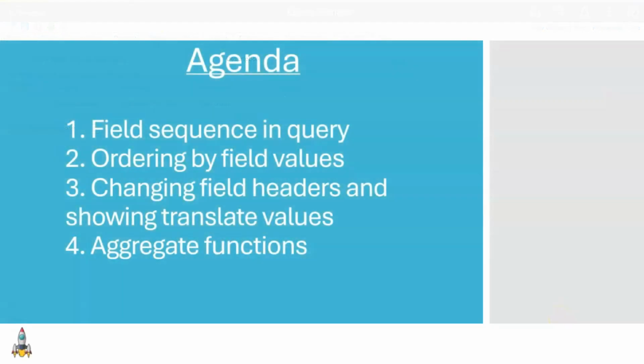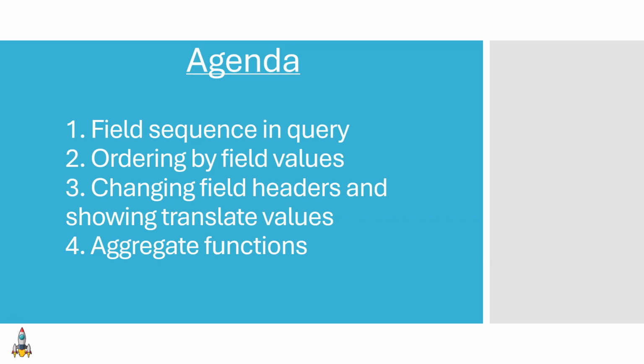For example, if we have to order the fields in a particular sequence in our query, or if we want to apply the ORDER BY clause of SQL to our fields. Similarly, if we want to change the field headers to make them more elaborate for the user, and some of the fields also contain translate values.